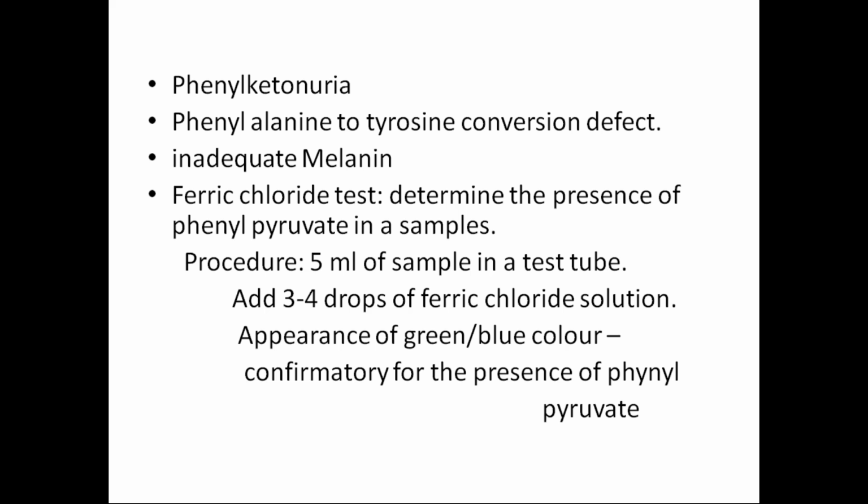Melanin is one of the products of tyrosine, right? Tyrosine can form thyroxine hormone, dopamine, melanin. So due to the absence of tyrosine, melanin is inadequate. This leads to fair skin color and white hair.